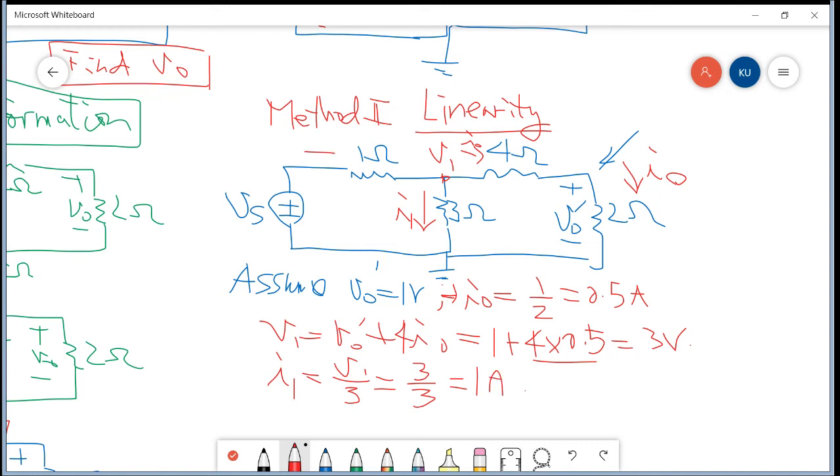And in this case, we know that this current IS should be I1 plus IO, because we apply KCL at this node. IS is going in, IO and I1 are going out. So I1 is 1, IO is 0.5, so it is 1.5A.